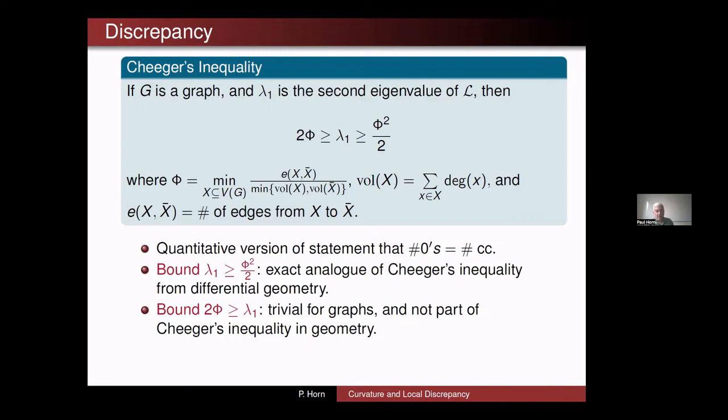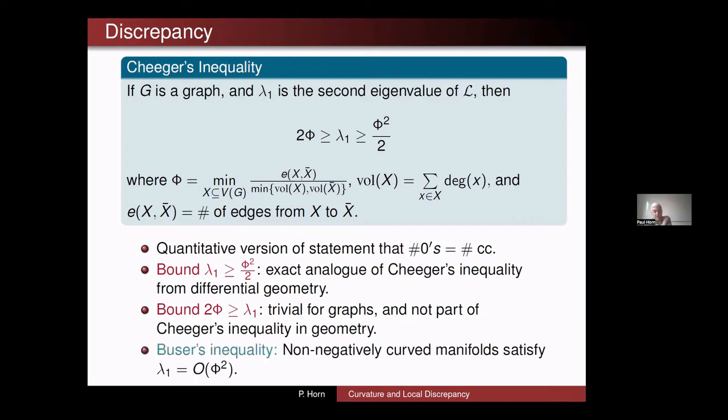And it's not part of what is known as the Cheeger inequality in geometry. There's a more complicated inequality in geometry, actually, which is known as Buser's inequality. It's a little bit more complicated even than what I'm giving it credit for.